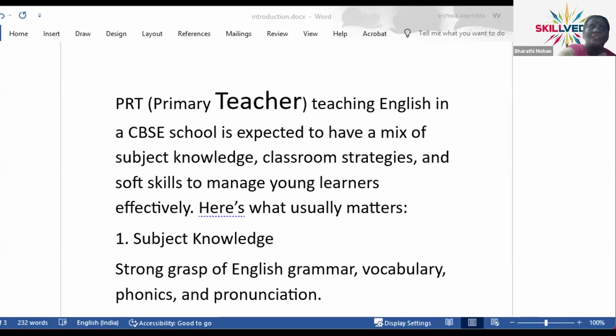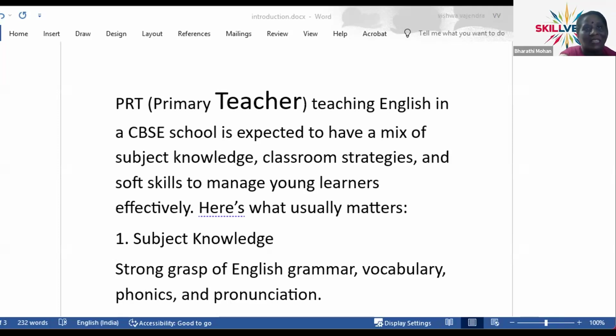For example, in the class, we often have the word THE. You would have some children pronouncing it as D and some as the. What is the correct pronunciation? Then how do we go about it? What is the correct pronunciation for the word THE?